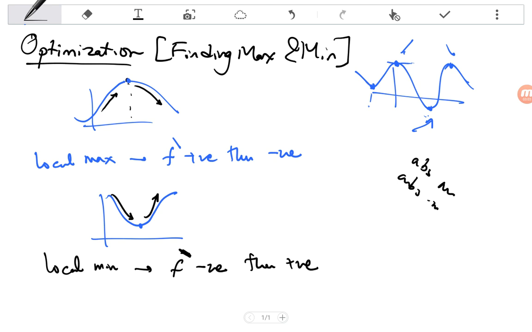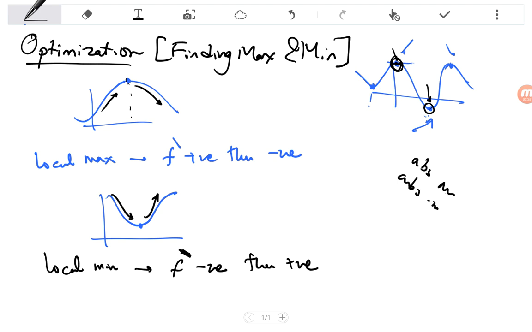What is the difference? A local maximum is a point for which the function is greater than its neighborhood. At this point it is greater than any other points in its neighborhood, not overall the function, but only with respect to its neighborhood.